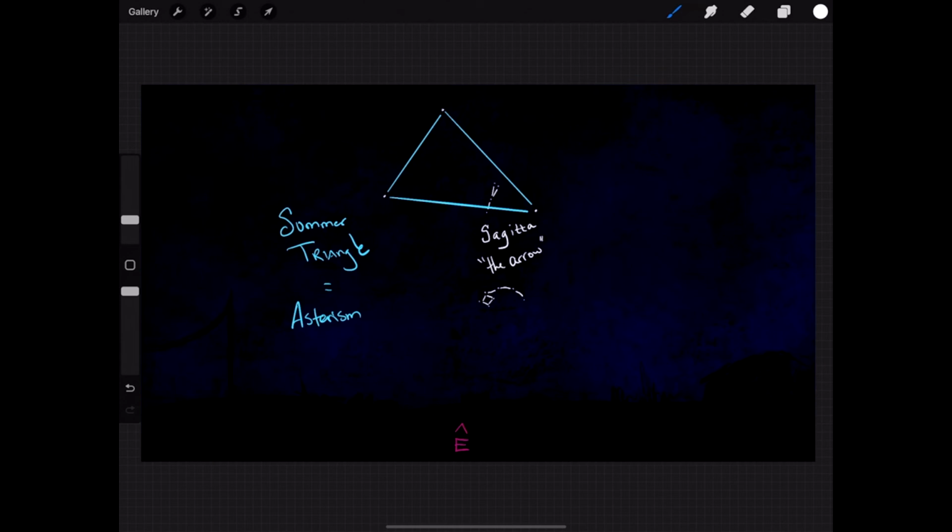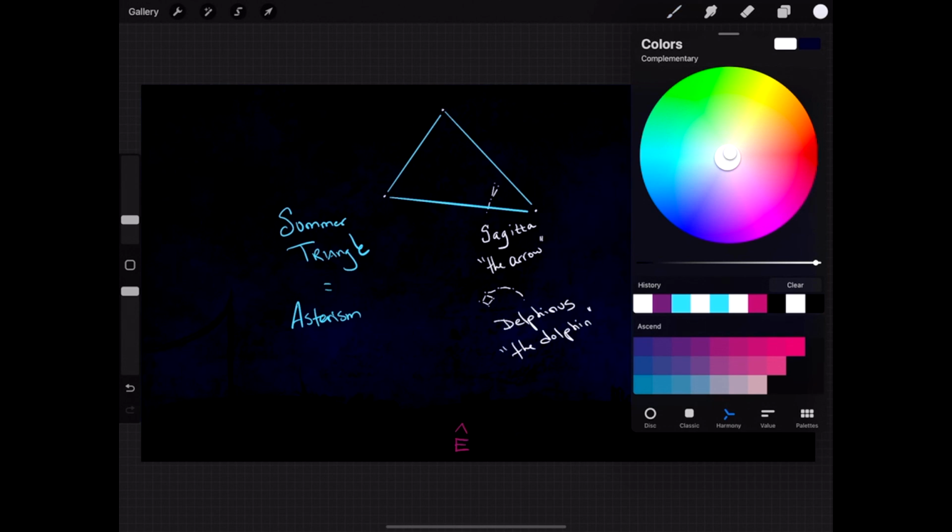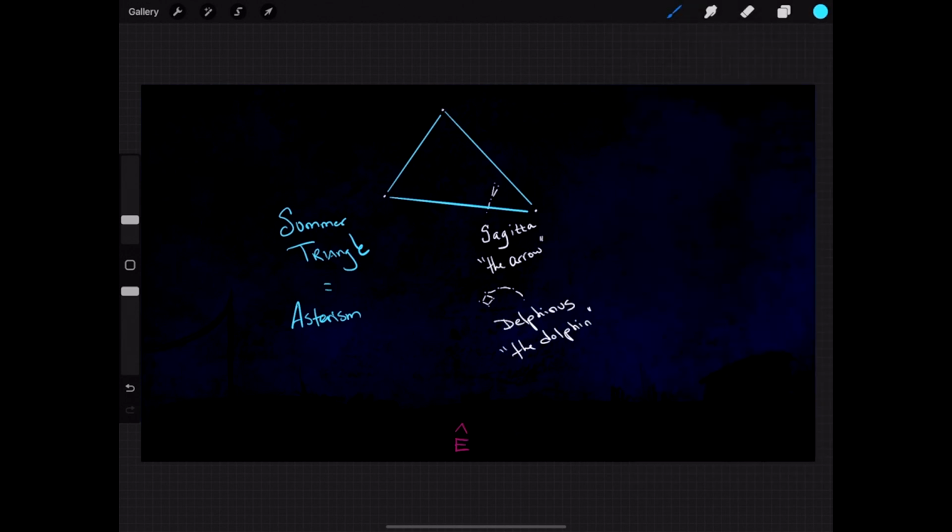The diamond part here is an asterism, but the entire thing, and we'll talk about the asterism in just a second, the entire thing is a constellation, tiny one, but it is a constellation called Delphinus. The dolphin.